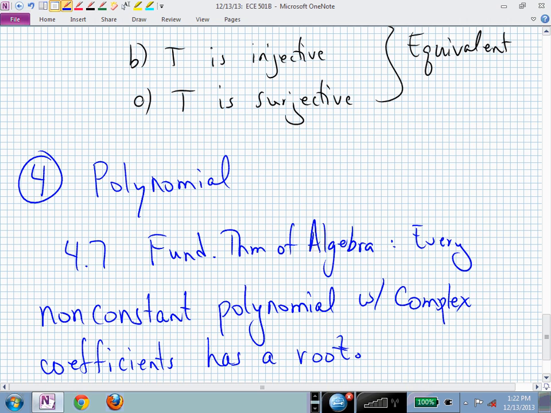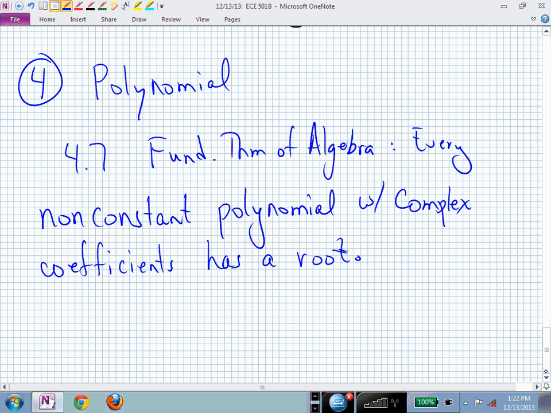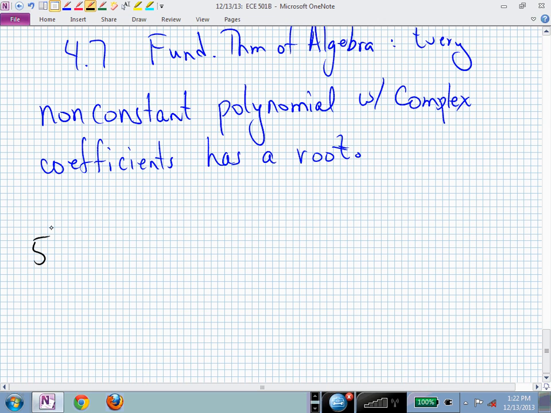Any polynomial that's non-constant, so if it has a first order, second order, third order term, has a root. Now, if the coefficients are real, then that's not quite the case. That's where we might end up with quadratic factors that don't give us a single root or roots at all in the real setting. So that was the main thing that we pulled from chapter 4 on polynomials. We really didn't dive into that.